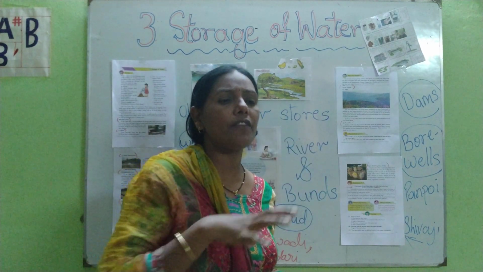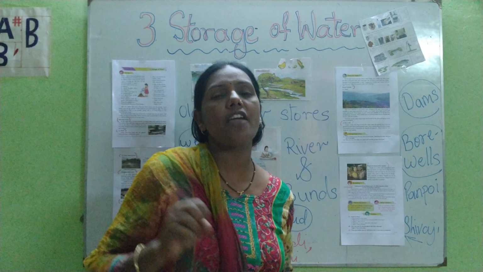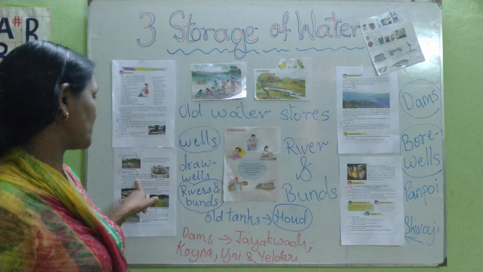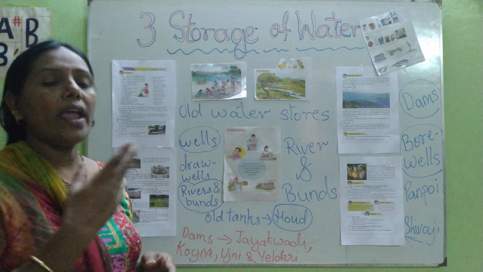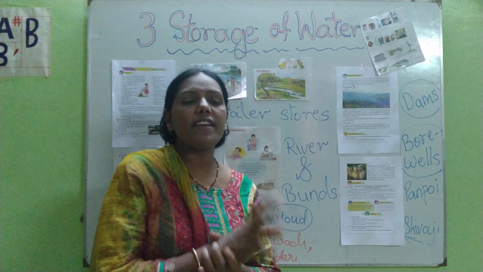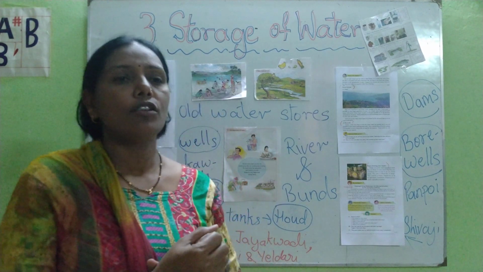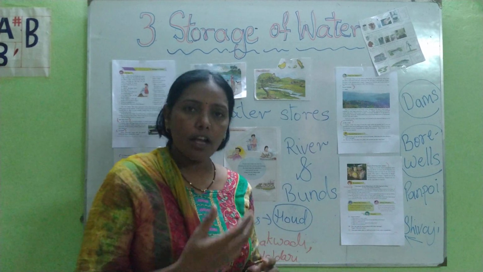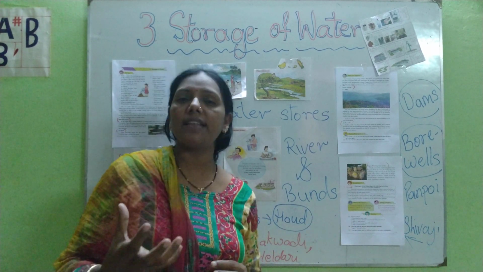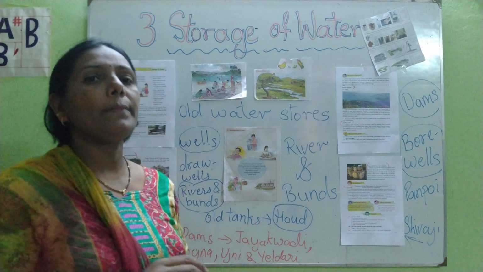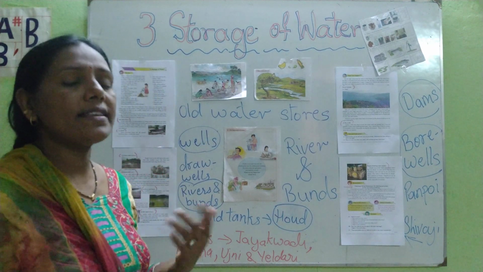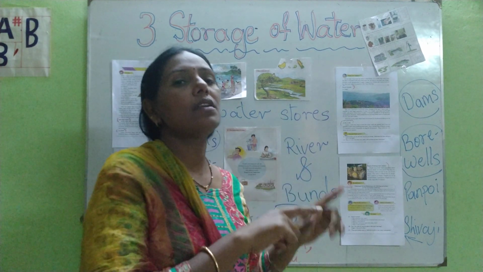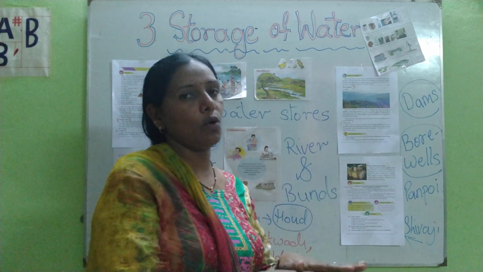Most of the vadas were having this draw well system. And when the facility of the tap began, many of these draw wells were closed. There are a few left which we can see even today, but because of the tap facility, these draw wells were closed.